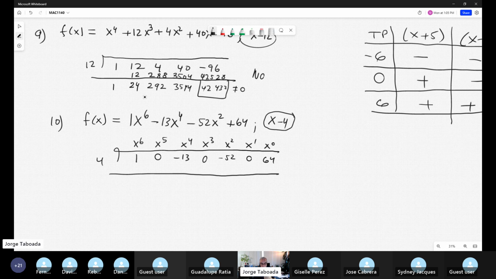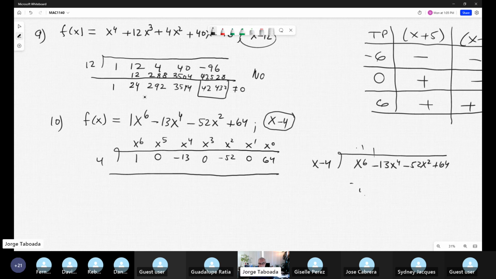So the action that we are doing is dividing this polynomial. In the format for long division, you do it differently. You write x to the 6th power minus 13x to the 4th power minus 52x to the 2nd power plus 64, and you copy here x minus 4. And you start the division. The disadvantage of this is that it's too long.